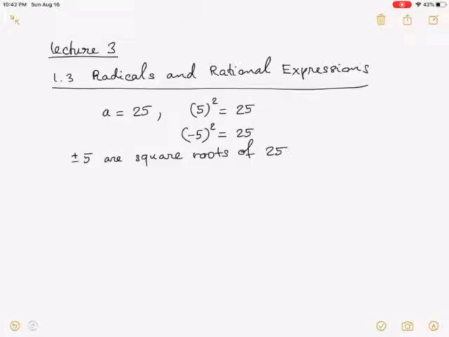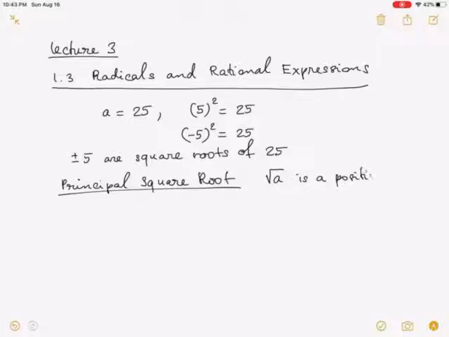So in these two square roots, 5 is the principal square root. The principal square root is denoted by this symbol.